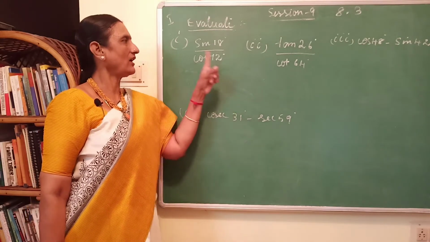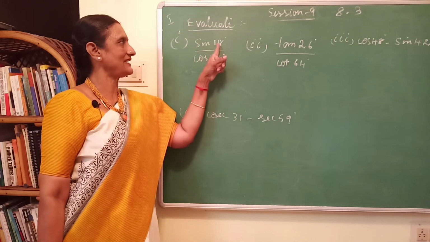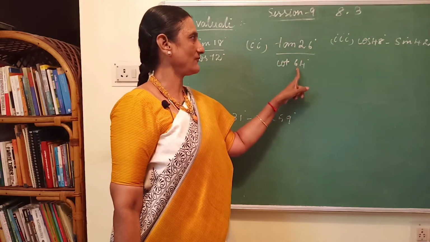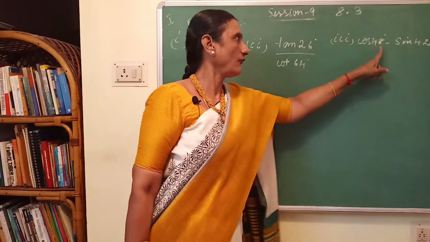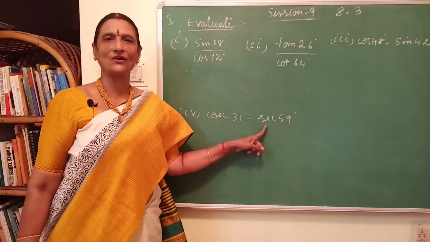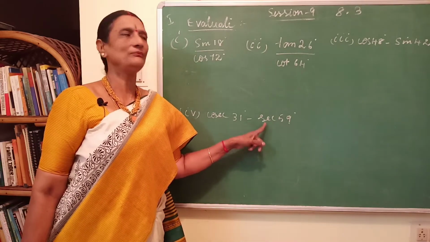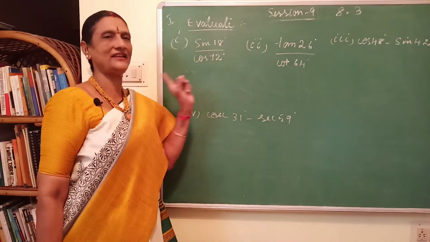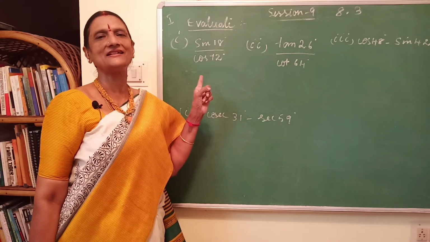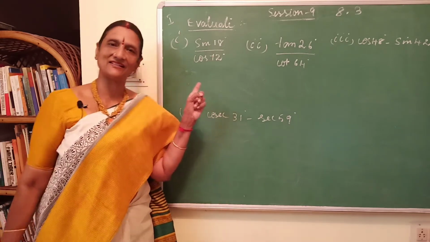Okay. Now, in all these sums, you can notice that 18 and 72 are complements. 26 and 64 are complements. 48 and 42 are complements. 31 and 59 are complements. So we have to make a change in one of these angles. You cannot make a change in both the angles, otherwise those terms will not get cancelled at all.